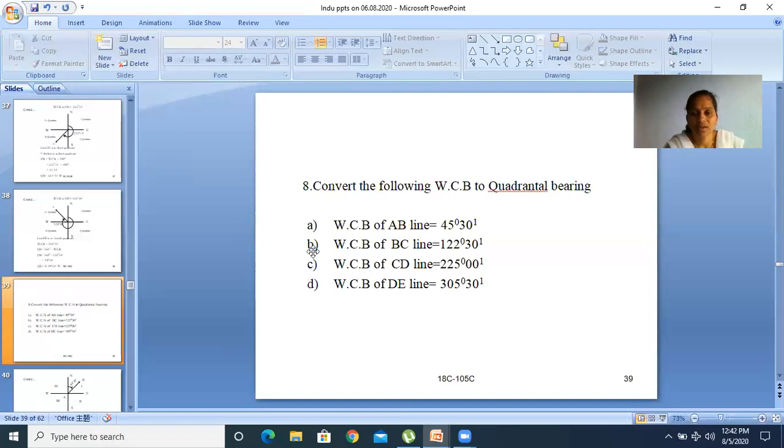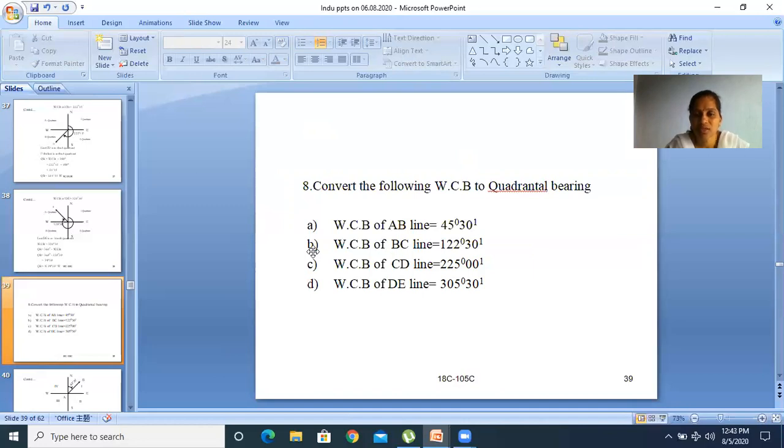Then convert the WCB into quadrantal bearing. So 45 degrees 30 minutes is in the first quadrant. The quadrants are northeast, and the rule is QB is equal to WCB, for the AB line. Then WCB of BC line is 122, that is second quadrant, southeast, and the rule is QB is equal to 180 minus WCB.